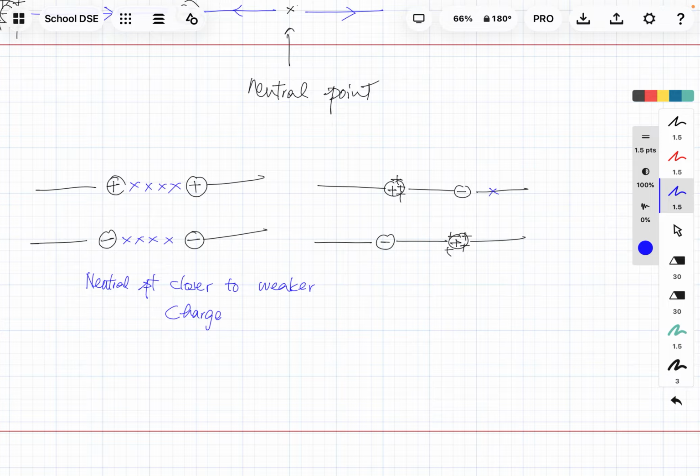So therefore, you see in this case, only these two regions that you can have neutral points. So it's possible, because the two magnetic fields are in opposite direction, but in this region, this is impossible to have the neutral points.